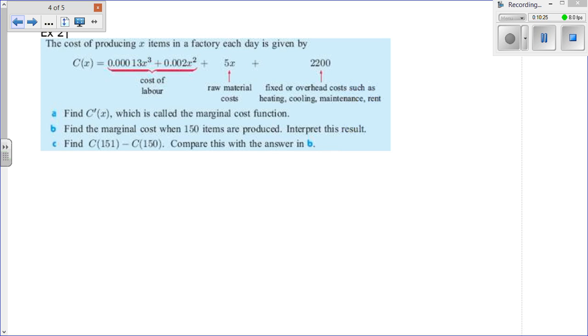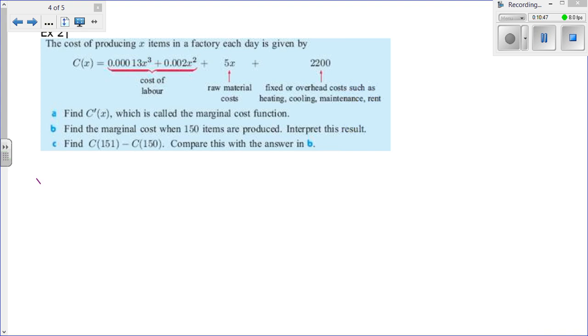So it costs them $2,200 just to open the door. Find C'(x), which is called the marginal cost function. Find the marginal cost when 150 items are produced. Interpret this result. Find C(151) minus C(150) and compare this with the answer in B.